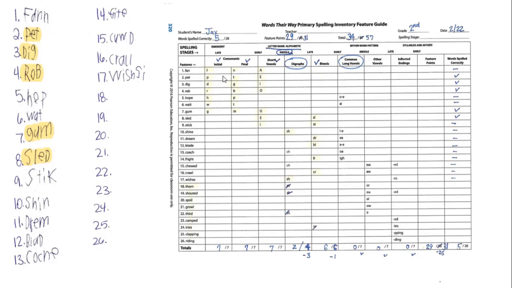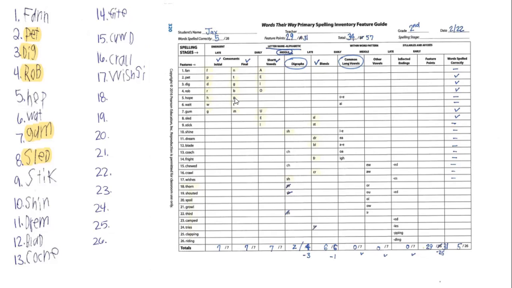It is highlighted, or a little check or a circle, when to give credit for whatever part of the word they got correct. So it's easiest when all of the word is spelled correctly, but look at, for example, number 5. He didn't spell hope all the way correctly, but he did get the initial consonant.